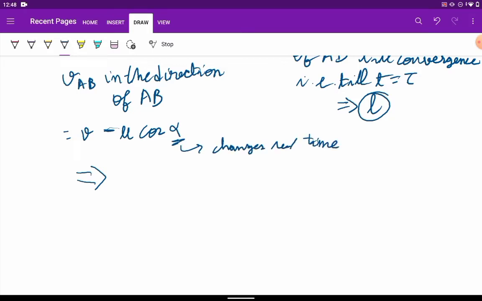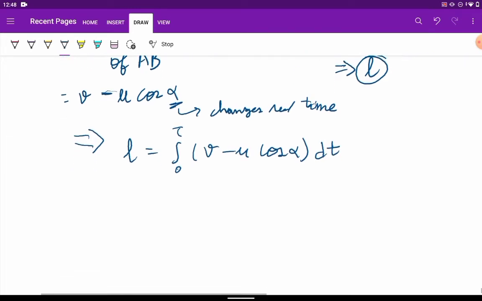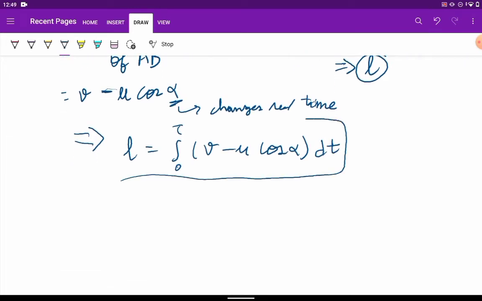Since it changes with time, L is equal to the integral from 0 to tau of (v minus u cos alpha) dt, because alpha is changing with time. This is one equation.